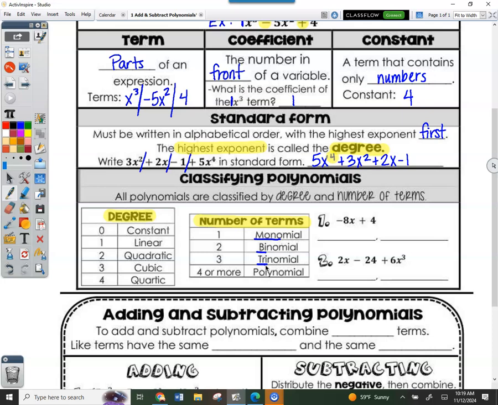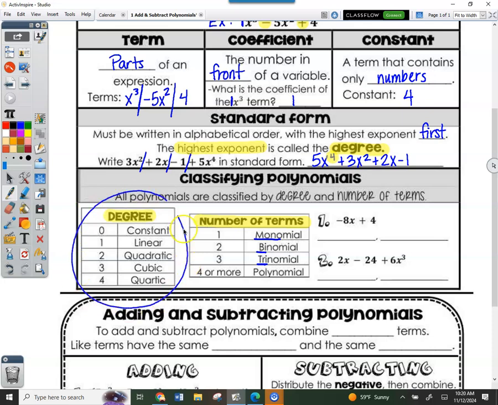Technically, degree 4 is called a, wait, I'm thinking of something. I don't want to put that on there and then confuse you. It's quartic. And then 5 is quintic. Quartic's already over here. You're good. We'll worry about that if it comes up. I don't think it actually is quintic.